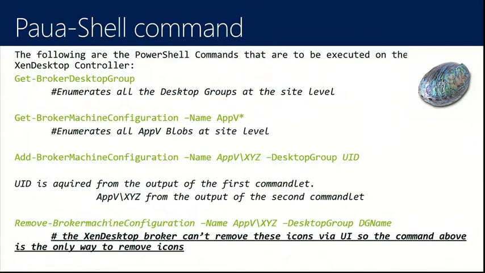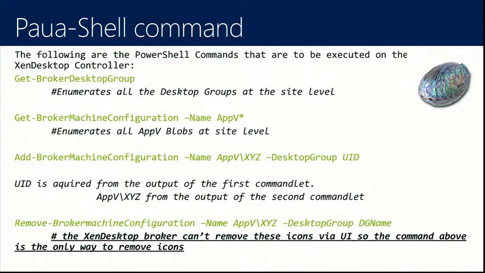We spit out all the desktop groups you already have created. We then do a Get-BrokerMachineConfiguration and say display all AppV blobs that I have associated with my AppV infrastructure. The last step is we add the broker machine configuration to say apply these icons for this group with this UID. Once all of those are done, the icons can be restored to the user's desktop.